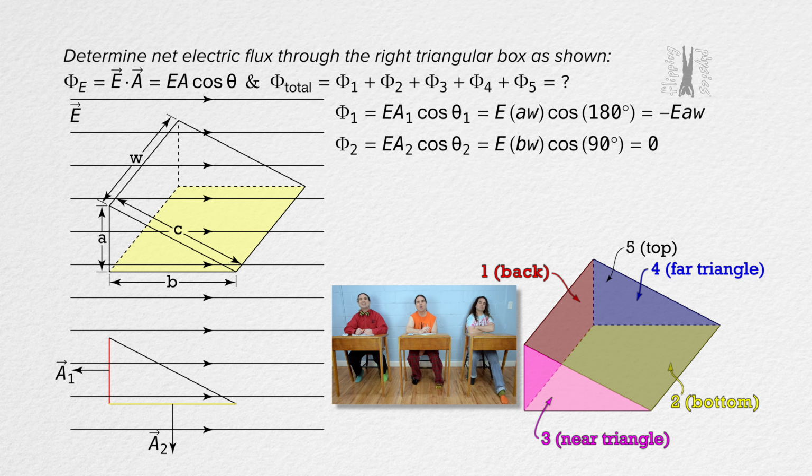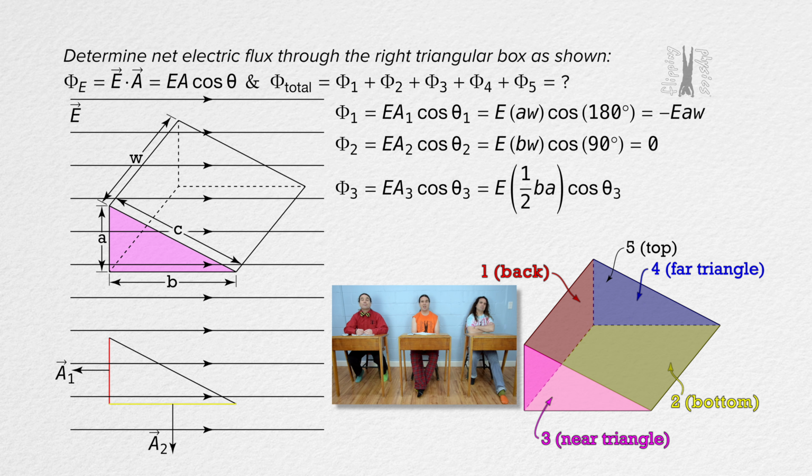Bobby, the electric flux through side 3, the right triangular surface, which is closest to us, please. Sure, side 3, the triangle closest to us. Using the same equation with subscripts of 3, the area is the area of a triangle, or 1/2 base, which is B, times height, which is A, and then times the cosine of the angle between area 3 and the electric field.